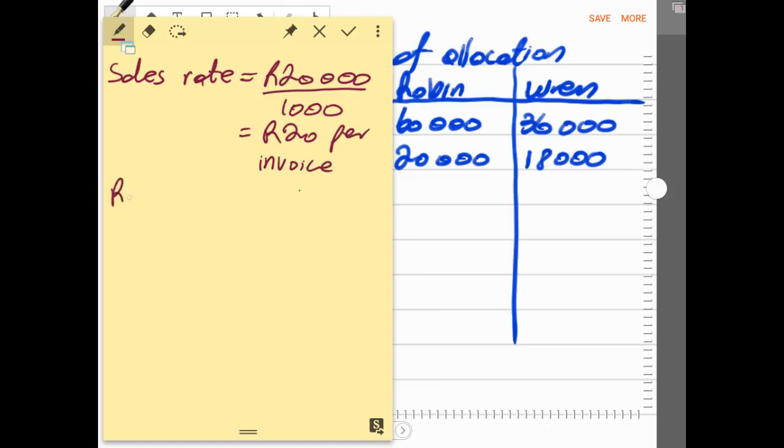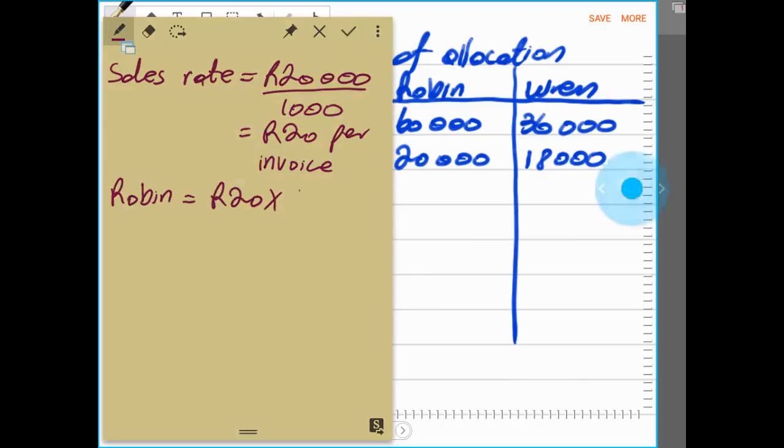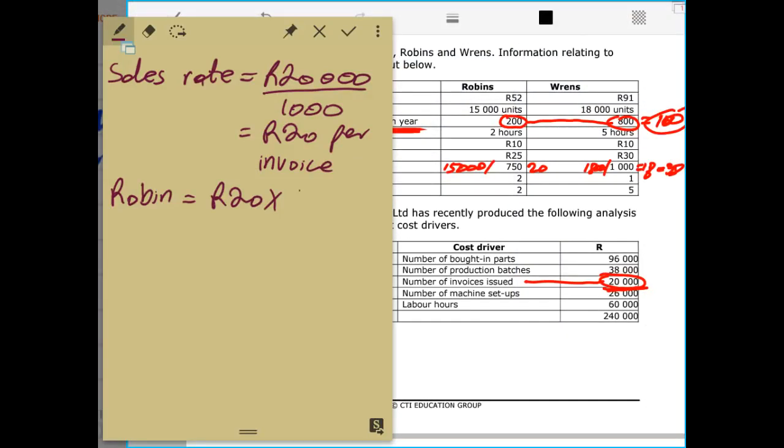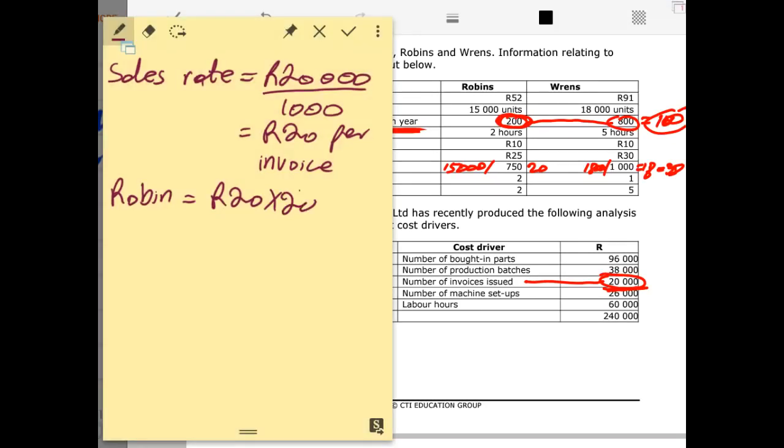Then we allocate that to Ruben, and we say our rate, which is 20, times by the cost driver for Ruben, and that is 200. And that will give us an amount of the allocation of this overhead as 4000.